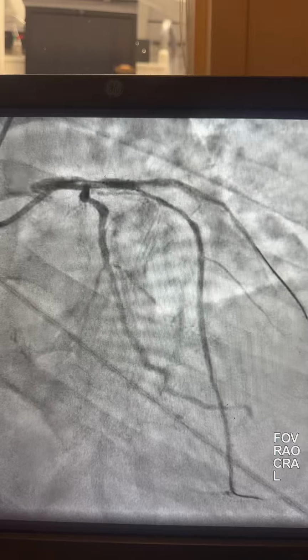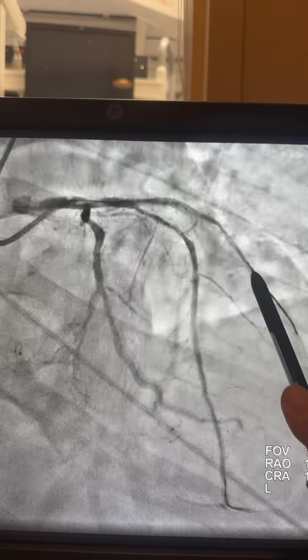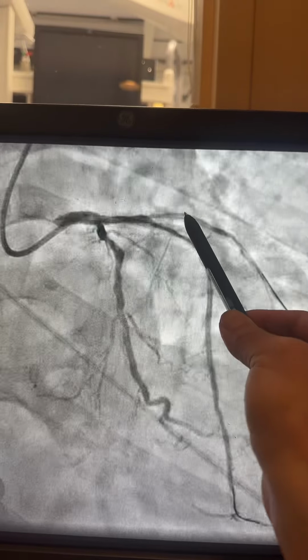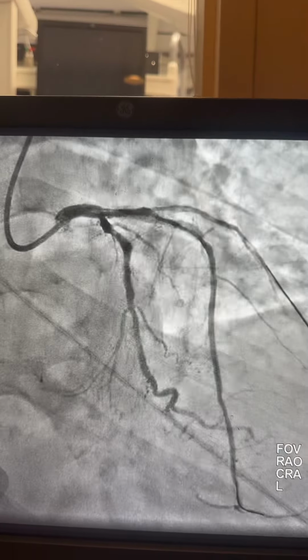We're going to fix the diagonal using a 2.0 stent from here to there, and then a 2.5, and then we fix the LAD with the 3.0.